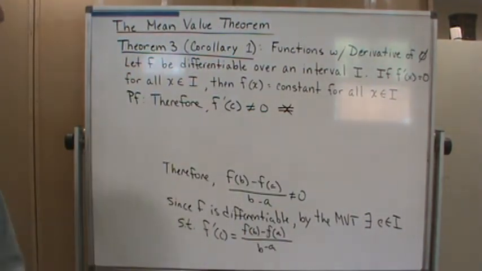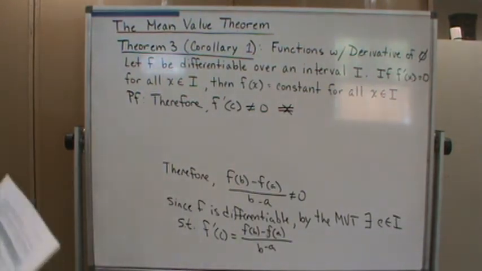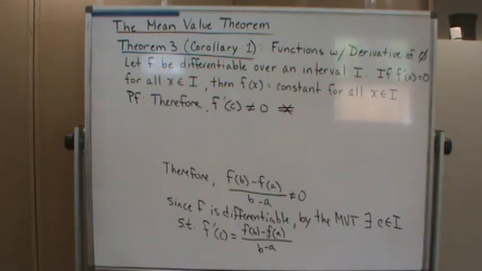Which leads to a contradiction, because it contradicts our original assumption, which was that f of x is not constant for all x in I.